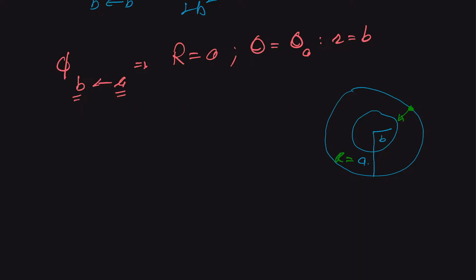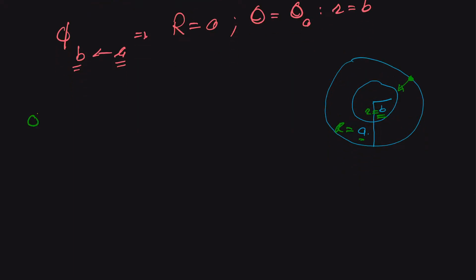Therefore this R is equal to A, and this small r is equal to B. And so we simply substitute them. We get this potential at B because of A will be equal to K QA upon twice AB, and it comes as a function of A plus B minus function of modulus A minus B.